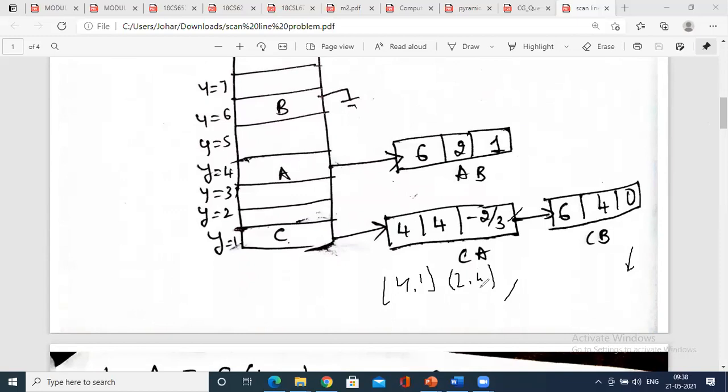Similarly, do this for the coordinates CB. First identify the coordinates, then calculate the slope. The slope becomes minus 2 by 3, which is the value of m. That is calculated for this value. Similarly, here also, one is calculated based on AB. Clear. Let me proceed. Hopefully understood.